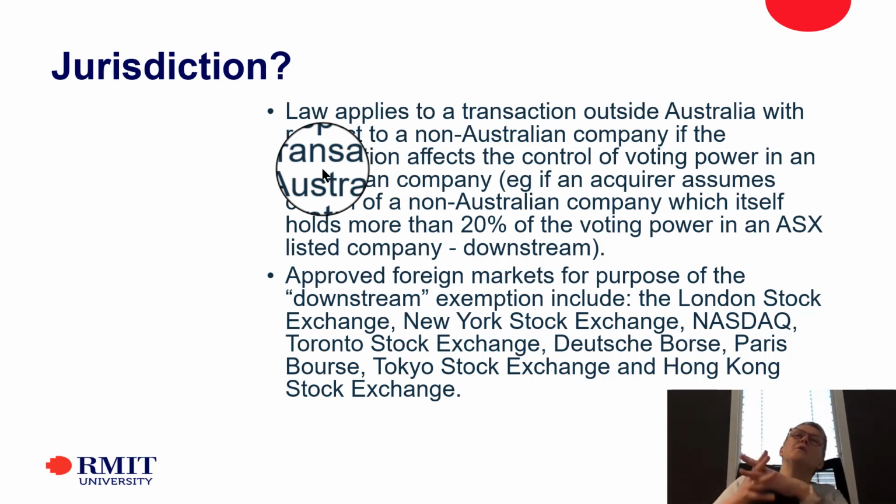So, also worth remembering that the law applies to transactions outside Australia if the transaction affects the control of voting power in an Australian company. So if an acquirer assumes control of a non-Australian company which holds more than 20% of the voting power in an ASX listed company, so a downstream transaction, then the takeovers rules apply.